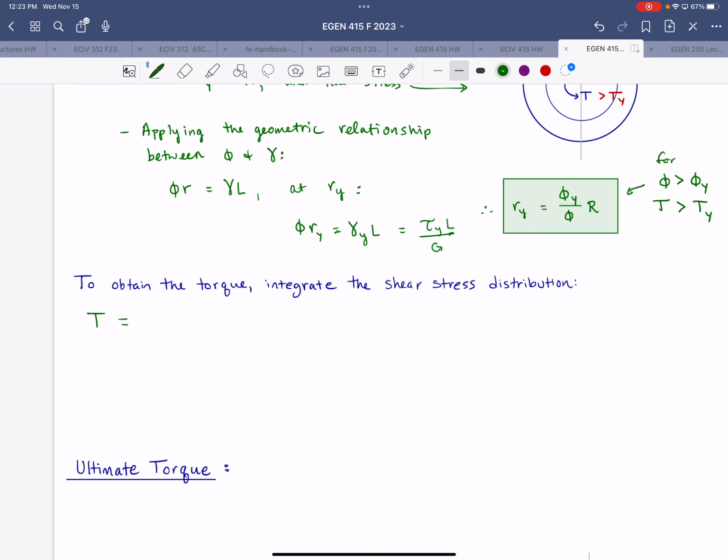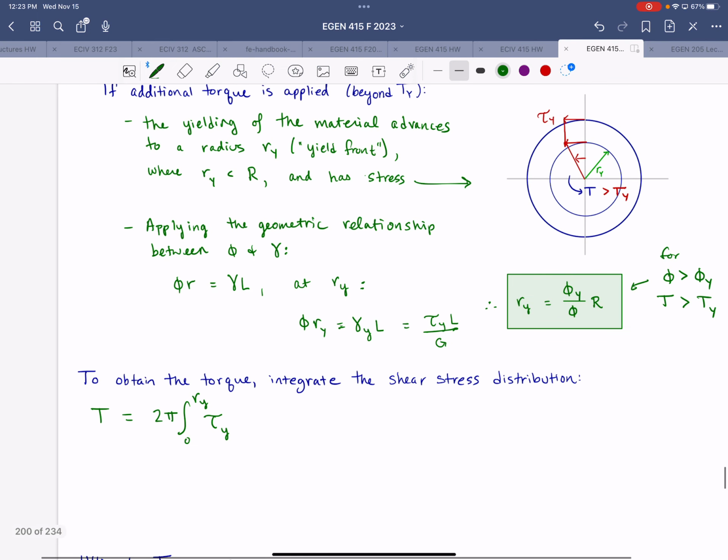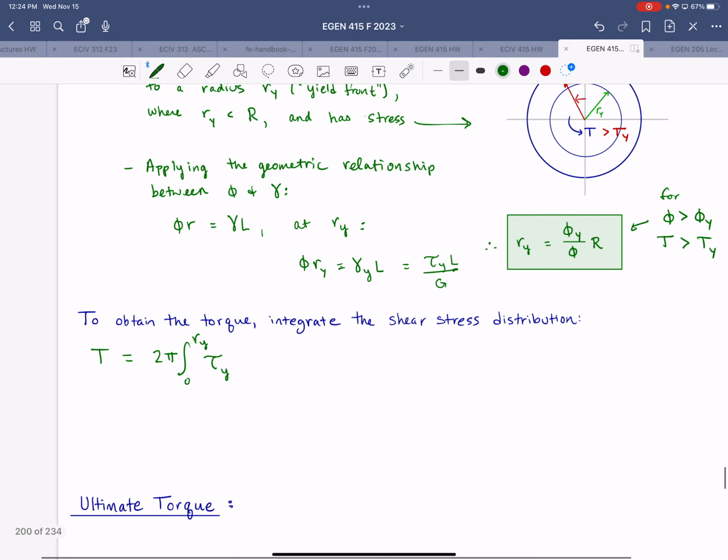So total torque is equal to 2 pi times the integral from 0 to the yield front, Ry, of the yield stress times the variable R divided by the yield front, times our variable R and dr, to get force times moment arm in that expression.